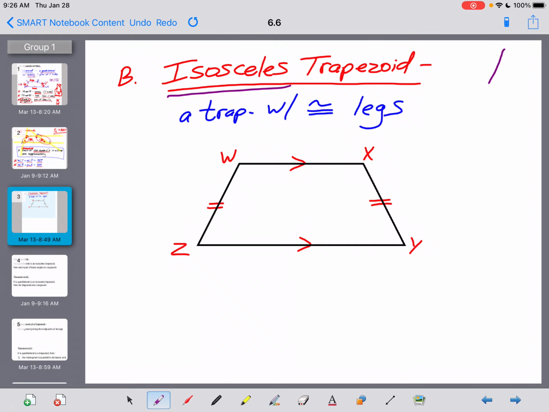An isosceles triangle is one that has two congruent sides. So an isosceles triangle would look something like this, and that side on the left is congruent to that side on the right. Now, all we're doing here to make an isosceles trapezoid is cutting off this triangle here with a line that's parallel to the base of that isosceles triangle.